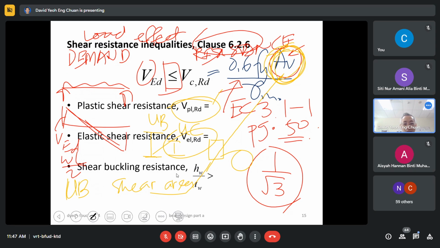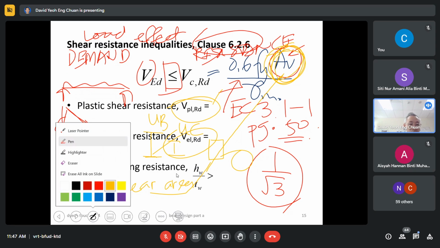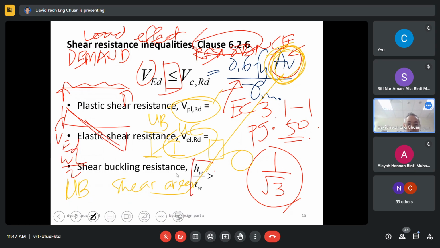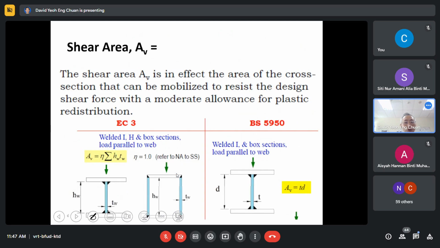Okay. Now there's another one here which I will explain later. There's this thing here, shear buckling resistance. The shear area is in effect the part of the cross section that can be mobilized to resist the design shear force.